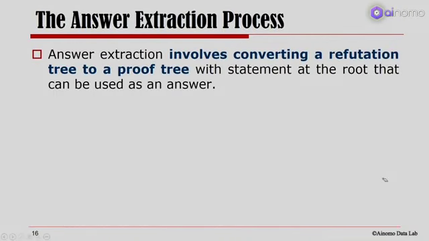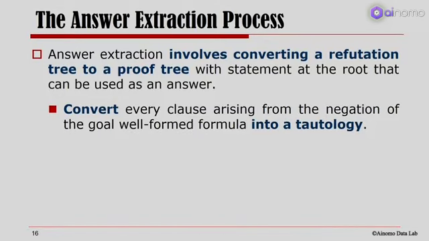So, let us now look in more depth at the process of answer extraction and try to understand why it works. Answer extraction involves converting a refutation tree to a proof tree with a statement at the root that can be used as an answer. You convert every clause arising from the negation of the goal well-formed formula into a tautology.